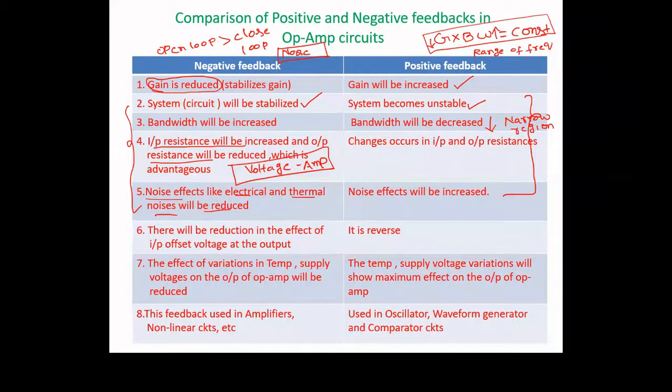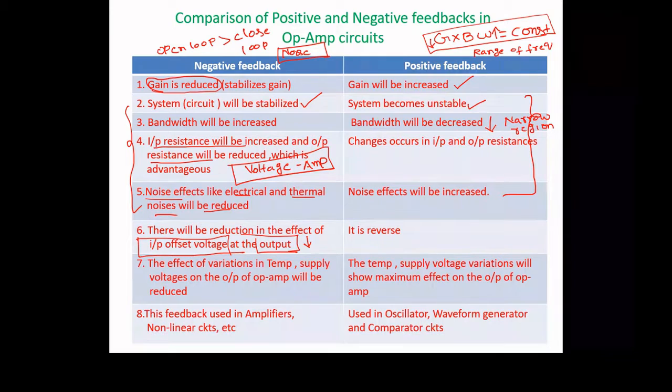So that is the important difference between closed loop and open loop. Again, in negative feedback, the gain reduces. That is the major advantage of any device when it is operating in negative feedback. Also, as the gain is reducing, the effect of the input offset voltage at the output also decreases. As we have seen, because of the input offset voltage, we are getting some unnecessary output voltage.